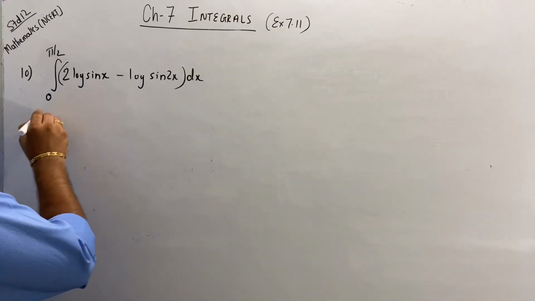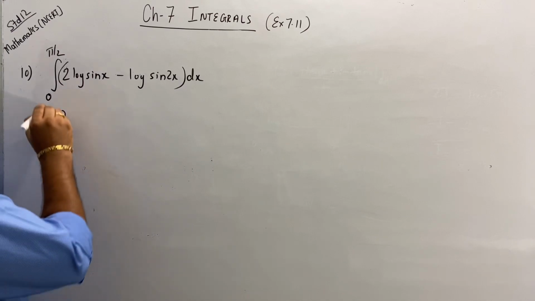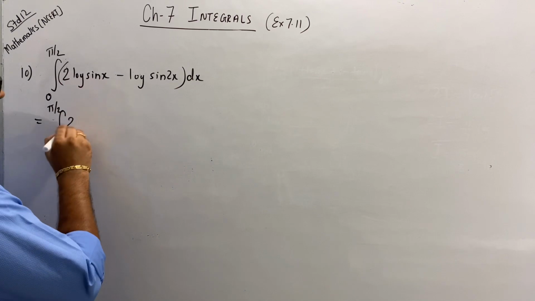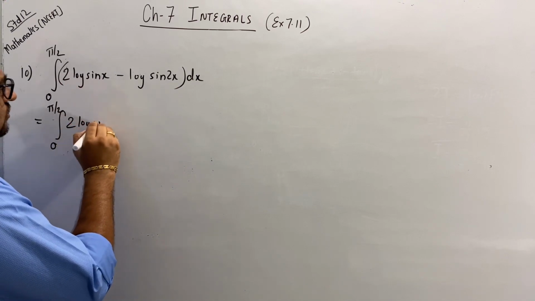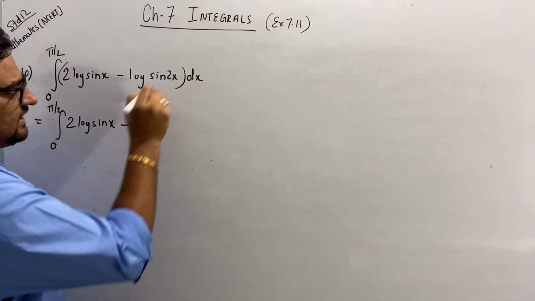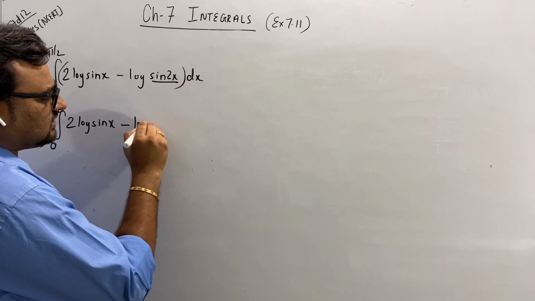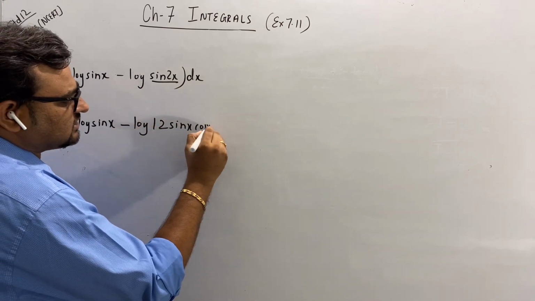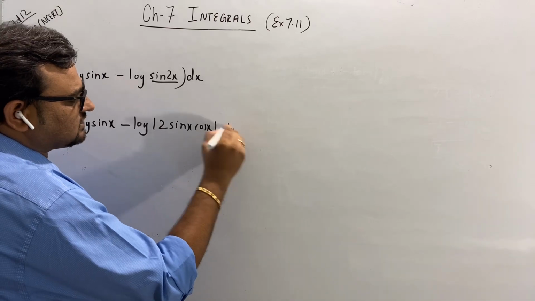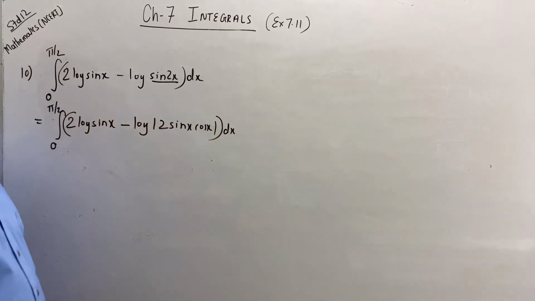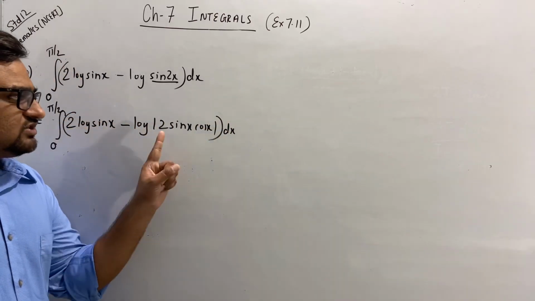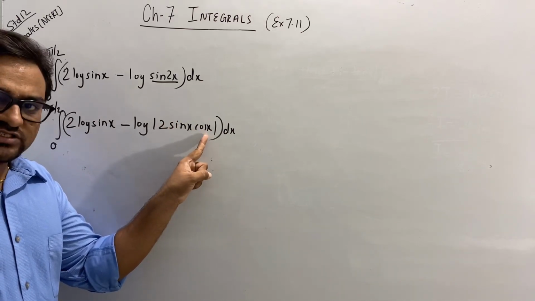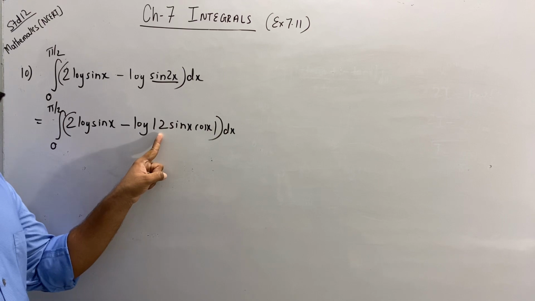Okay, so what I can do: the integral from 0 to pi by 2 of log sin x minus, instead of sin 2x, I can use 2 sin x cos x, dx. Clear? So now see here, 2 into sin x into cos x, so these three are multiplied.